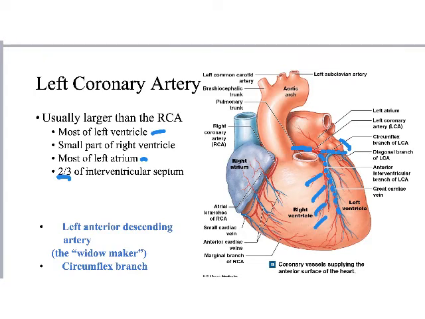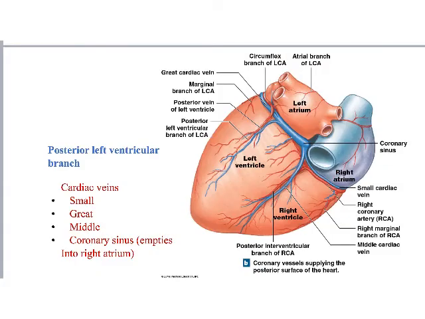This is what we sometimes call the widowmaker. If you have a clot in that artery and you cut off blood supply to the left ventricle, right ventricle, and the septum, you're not likely to survive. So that often results in sudden death and has been called the widowmaker. So a very important artery.